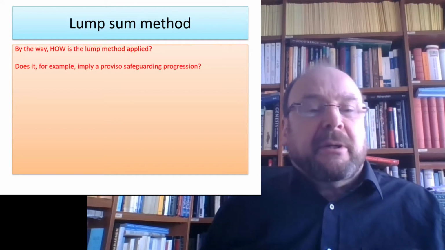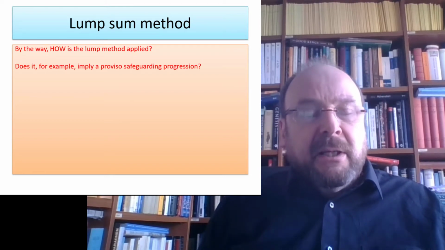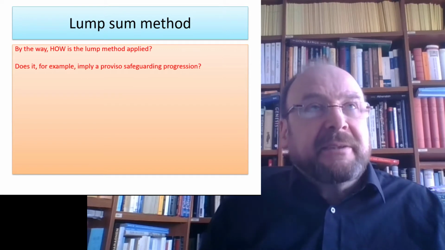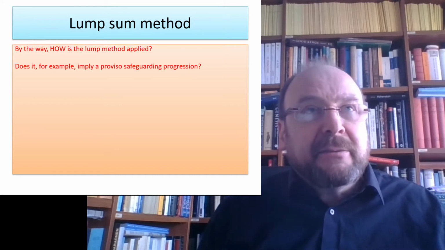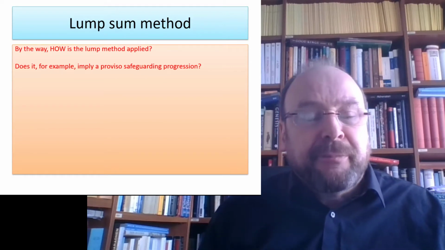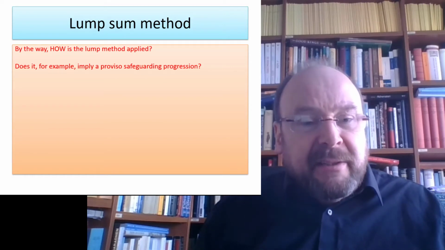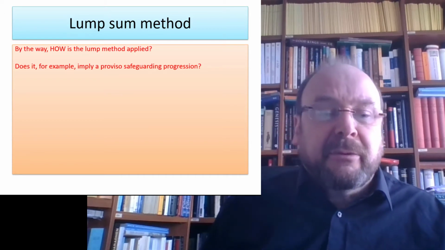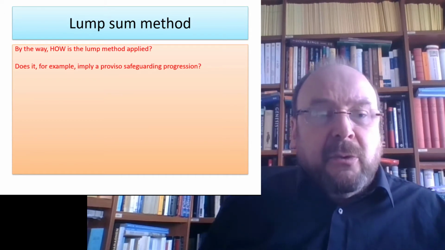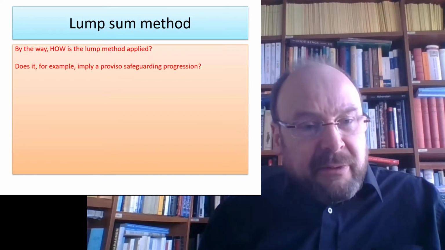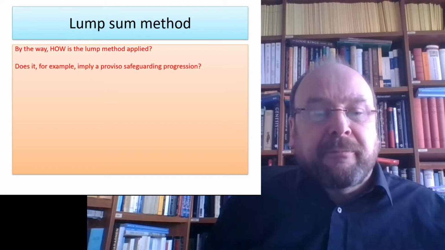How is the method applied technically? Very often you have the idea that it might lead to income which is in the final effect even tax-free. Will it then require the application of something like a proviso safeguarding progression? Or will it end up in your tax rate being lower than it should be?